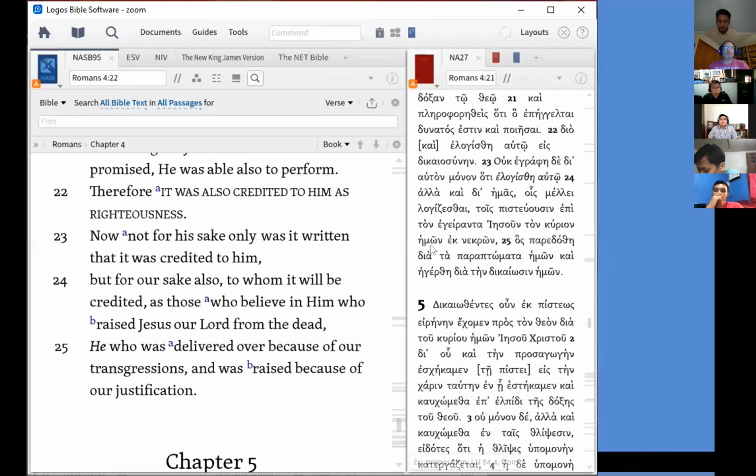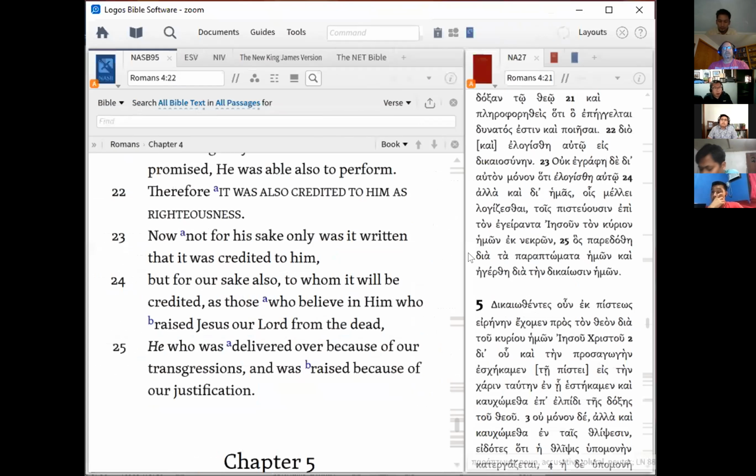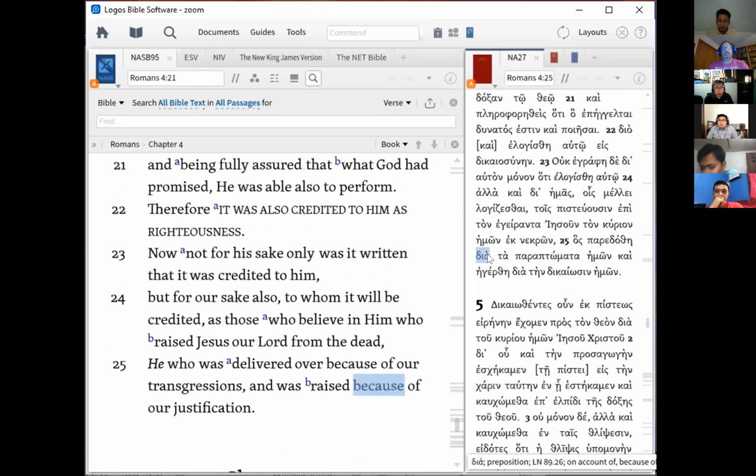So what we're looking at here, I've got the Greek text on the side. I don't have the interlinear open. So yes, that word "because" is used twice, right? If I look at the Greek text, the interlinear is going to tell me that it's a preposition, dia.